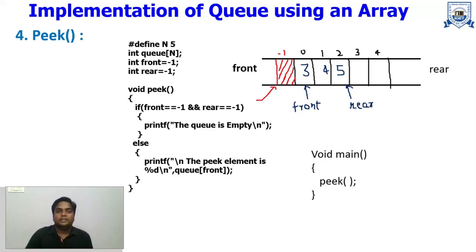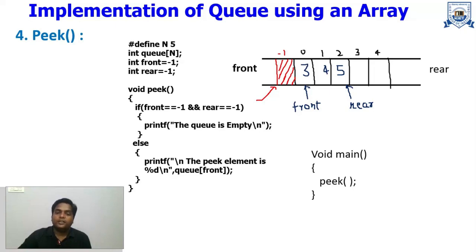Now we will discuss how we can find the peek element of the queue, that means the very front element of the queue. It's very simple. First of all, we check whether the queue is empty or not, because if the queue is empty, then we cannot find the front element. The peek element is identified via the variable front, that is q of front.